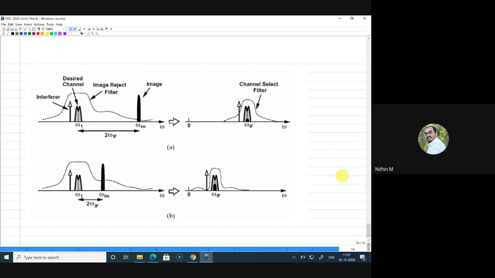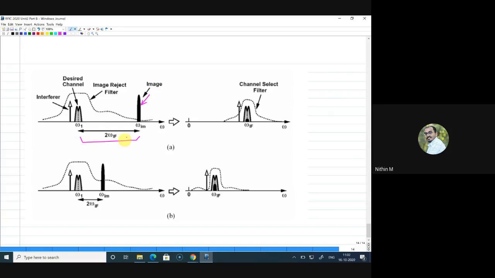If you look at this diagram, you can see that in the first stage, I am trying to keep a very large omega IF. So omega IF is kept large, so I am actually able to reject the images. Images can be rejected, and this is the image reject filter, and it can easily take out the desired channel and reject the images.